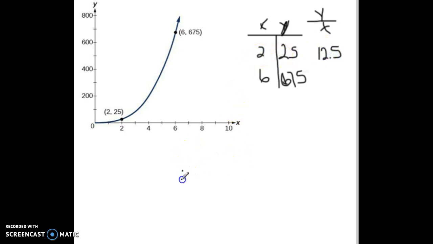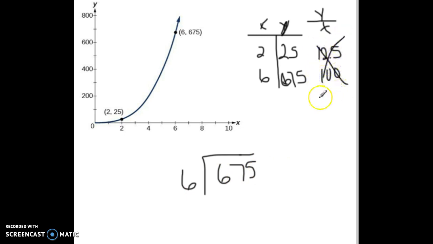But then we would have to do 675 divided by 6? Well, I can already tell you right now that's going to be over 100. This answer is over 100. So we know that these two things are not the same, so it's not proportional.